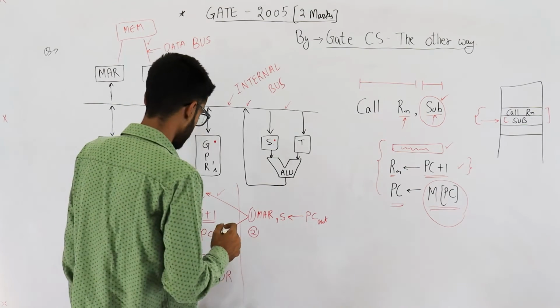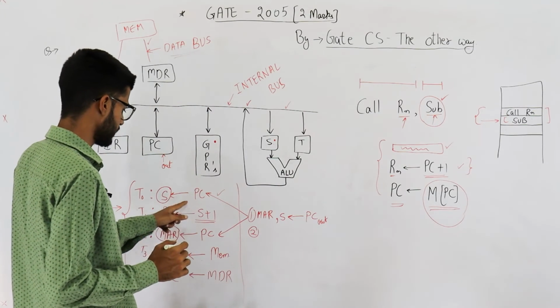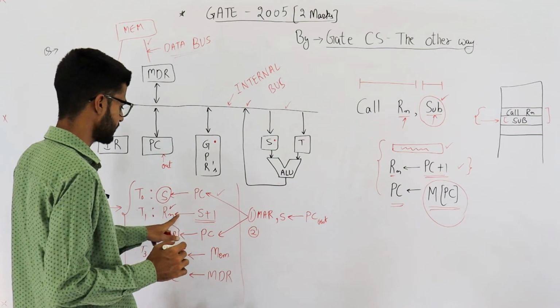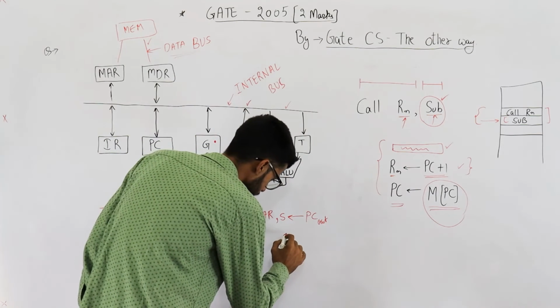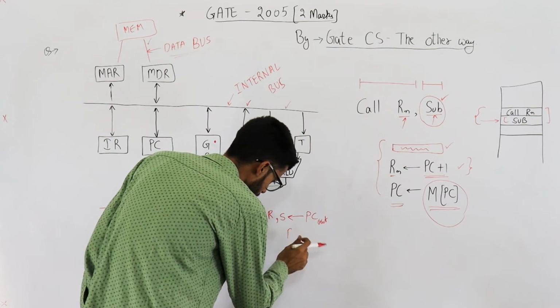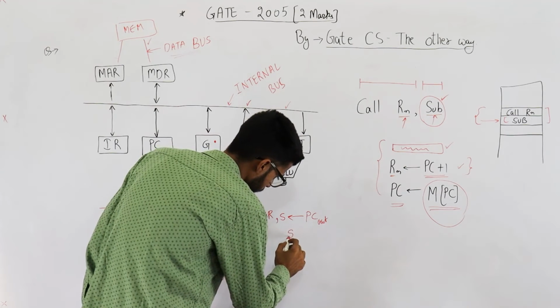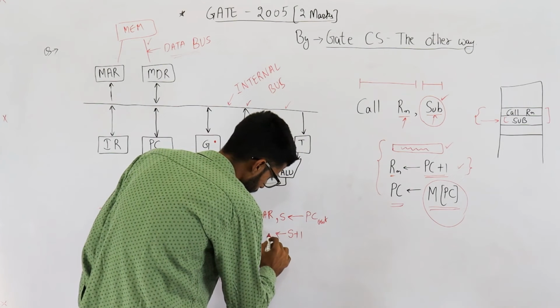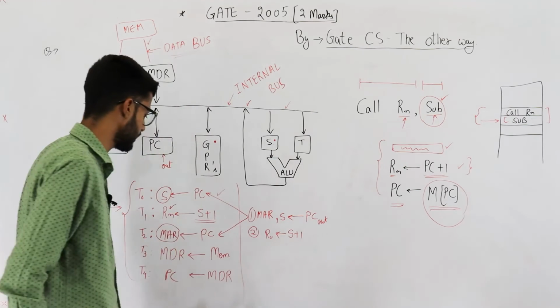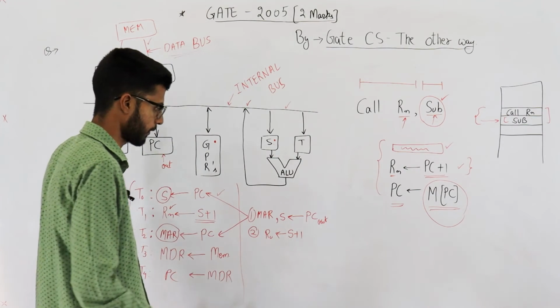Let's see what happens in clock cycle 2. We'll increment S and save it into R0, as well as read from the memory.